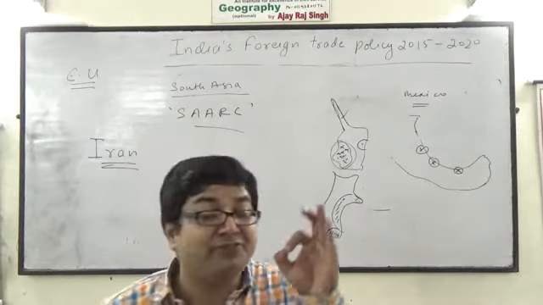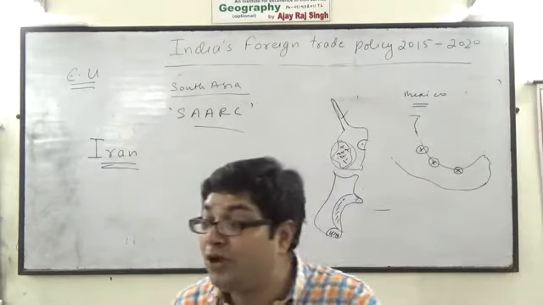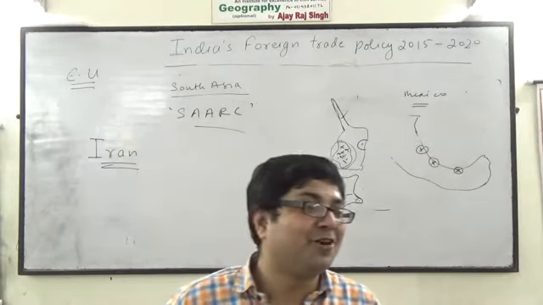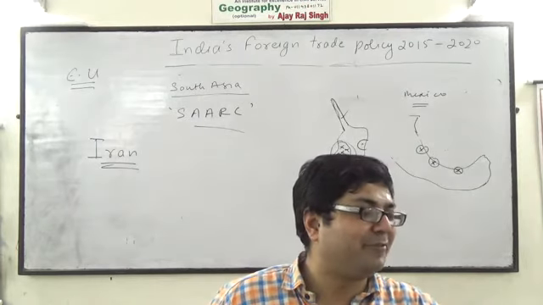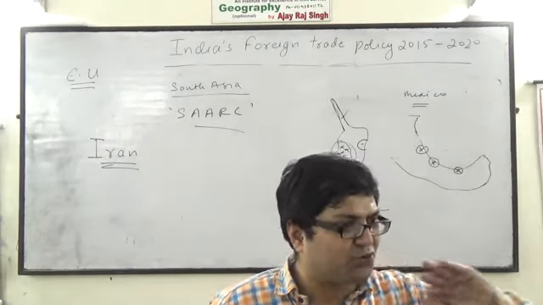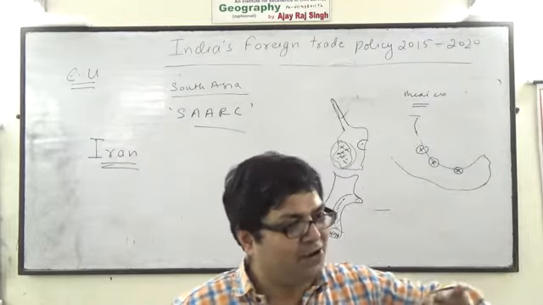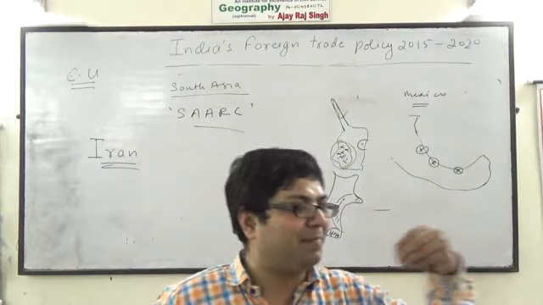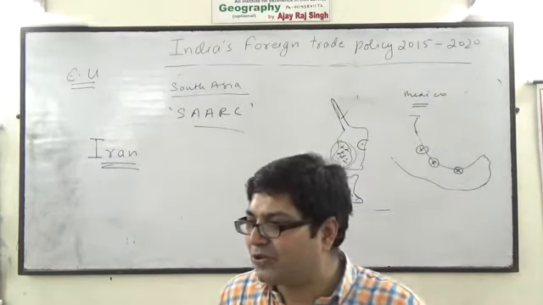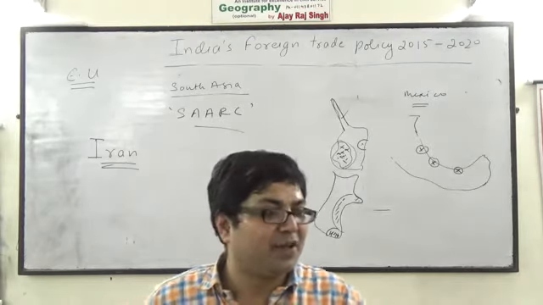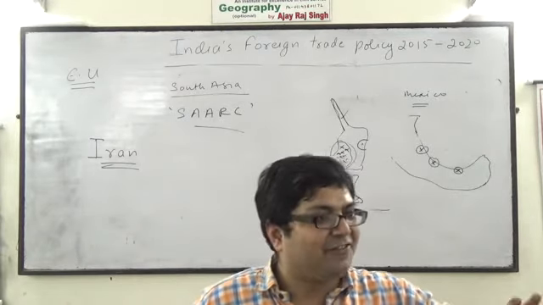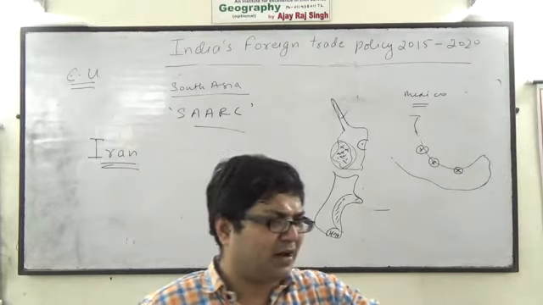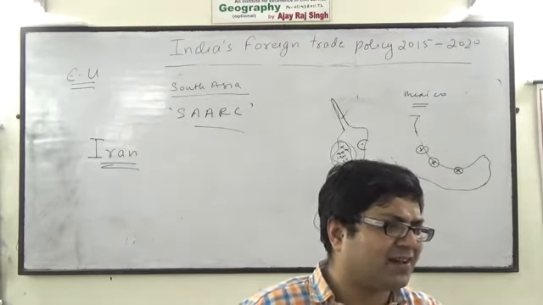This has been facilitated by the rupee-rial payment mechanism. We can make payment in rupee. For our exports, they can make payment in rupee, and we can make payment in their currency. We have made an arrangement that we can pay for each other's products in our domestic currency.